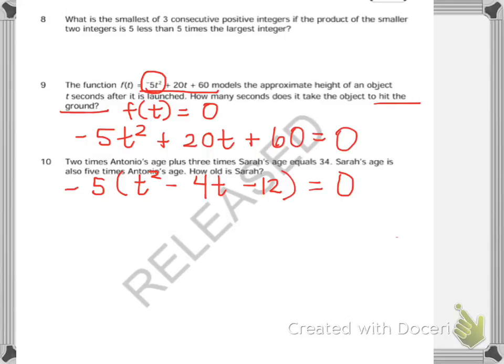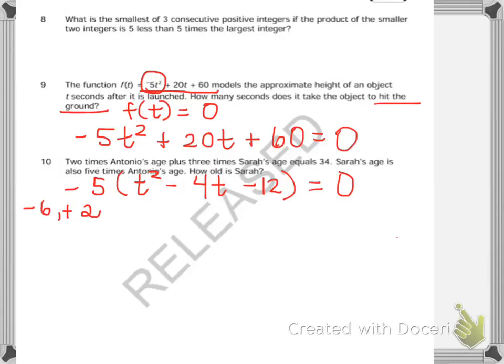And those two numbers are positive 6 and negative 2. Okay, now actually it needs to be negative 6 and positive 2 because the numbers have to add up to negative 4 rather than positive 4.